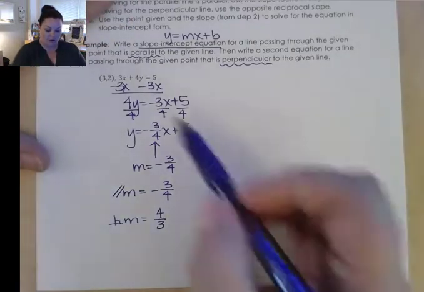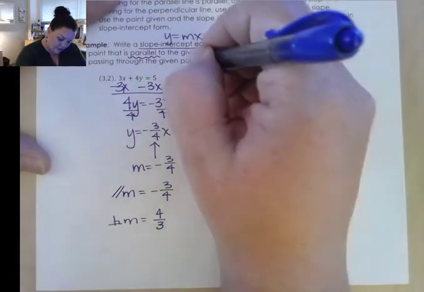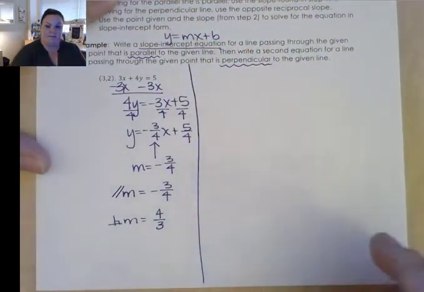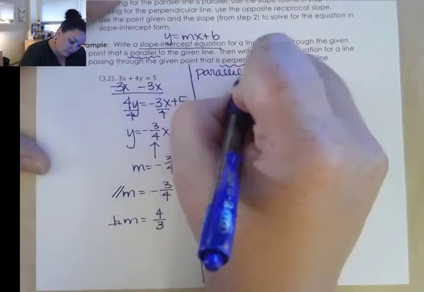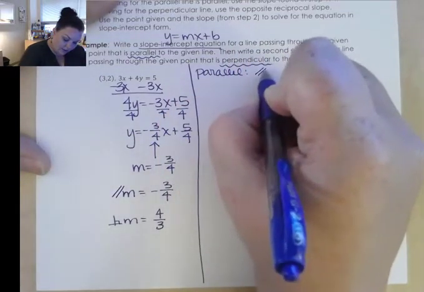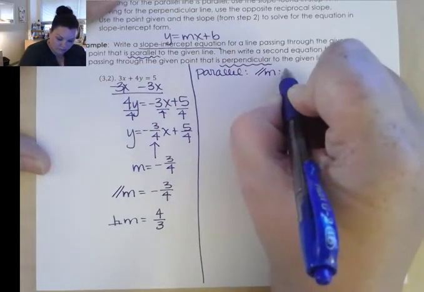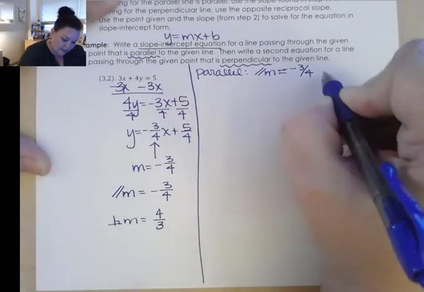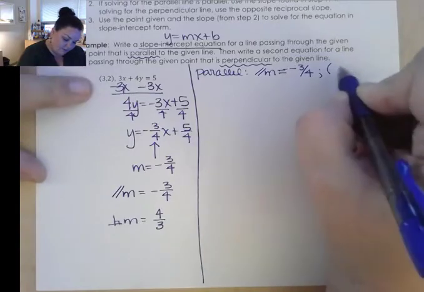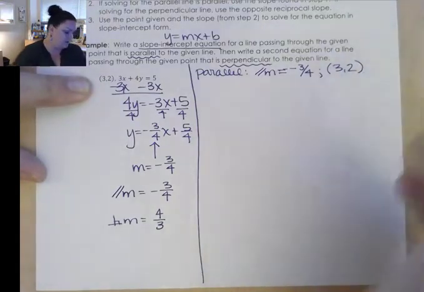Okay? So I have all the information I need. Now I just need to find the parallel line and the perpendicular. Okay? So for parallel, I'm going to use the parallel slope, which is negative 3/4, and I'm going to use the point that was given, which was 3, 2.